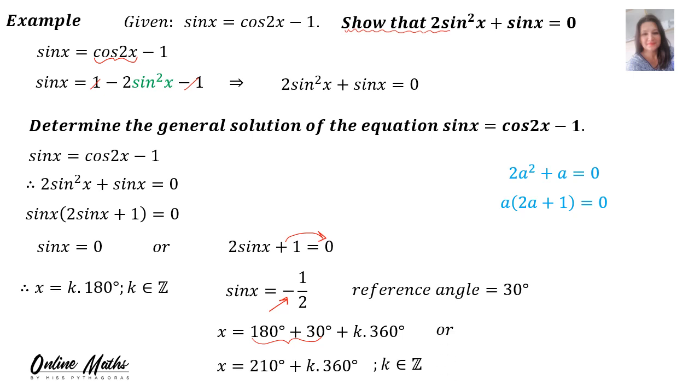Sin is negative in the fourth quadrant, which is the 360 minus 30 quadrant. And then when you solve that, you find x is equal to 330 plus k times 360, k element of Z.